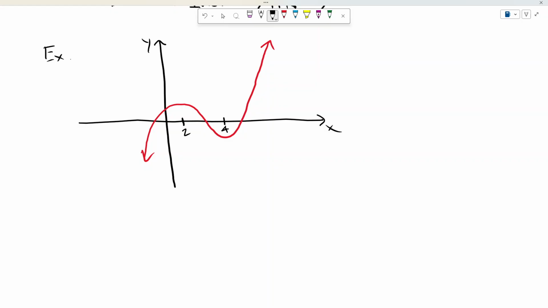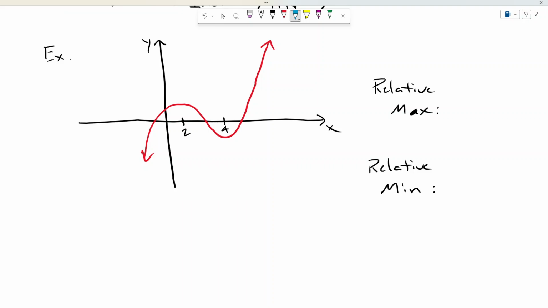So what do we have when x is 2? Right? What we're looking for is a relative maximum and a relative minimum. What do we have there when x is 2?